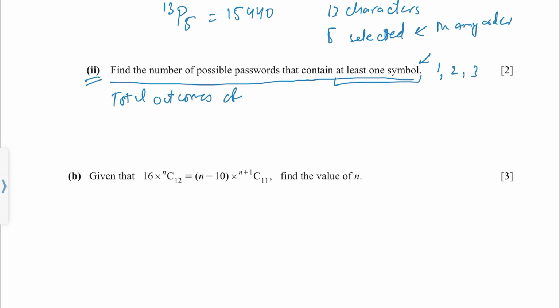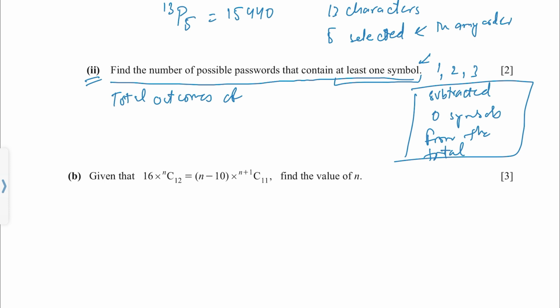What if we subtracted 0 symbols from the total? This would give us the same answer. So total outcomes minus without symbol.